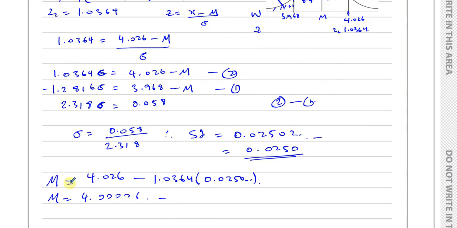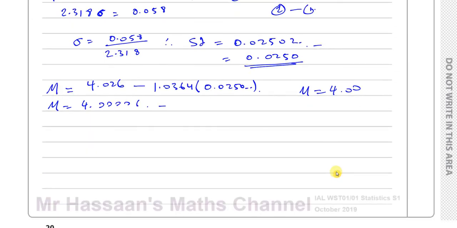We could just call that 4.00, or even 4 would be okay. So the mean is equal to 4.00, not an exact value. The standard deviation is equal to 0.025 to 3 significant figures, and the mean is equal to 4.00.